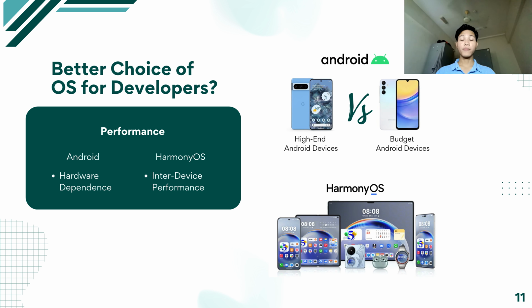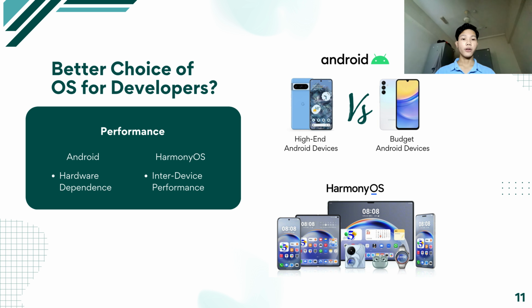In terms of performance, Android performance is hardware dependent, while HarmonyOS has inter-device performance. For Android, hardware dependence means there is a difference between high-end Android device performance and budget Android device performance. This is because high-end and budget devices have different hardware resources.